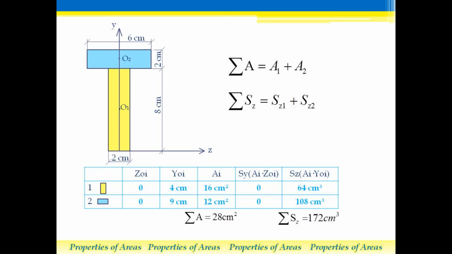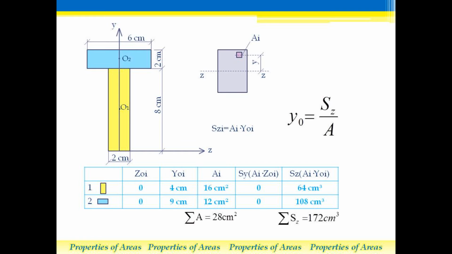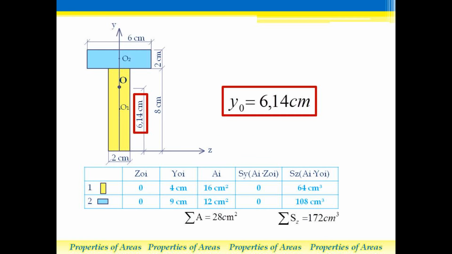Find the total area: 16 plus 12 is 28 square centimeters, and find the sum of static moments around the z-axis. Knowing the total static moment and the total area, we can find the centroid coordinate.